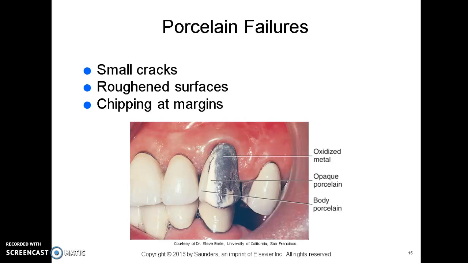The figure here once again shows these porcelain failures that can occur especially when they're bonded to the metal. When the metal is exposed, as in the portion of the opaque layer of the porcelain, which is used to prevent the metal from showing through, the rest of the porcelain also fractures away.